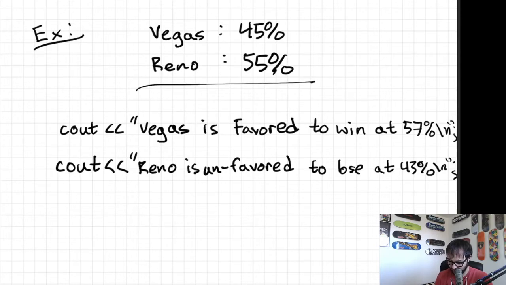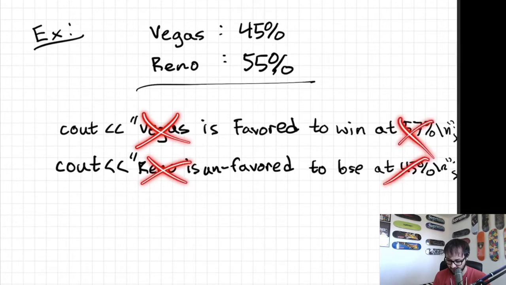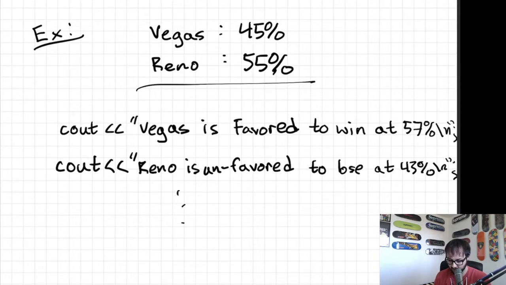Then you need to change both this number, and put Vegas there and Reno here. So you would have to come down here and edit all this stuff in your strings, and maybe if you had a bunch more computations down here where you're using and outputting these values, you're going to have to go edit them all down here.